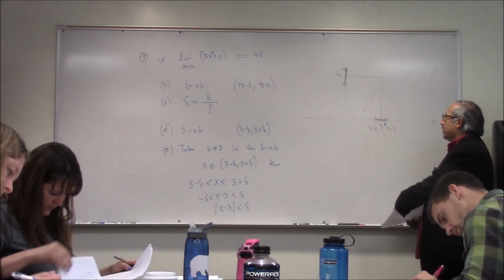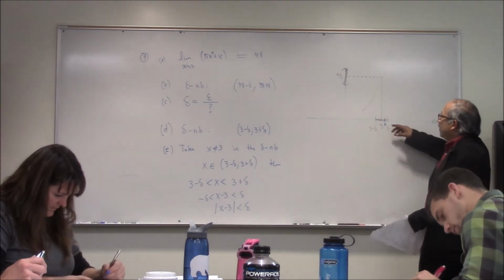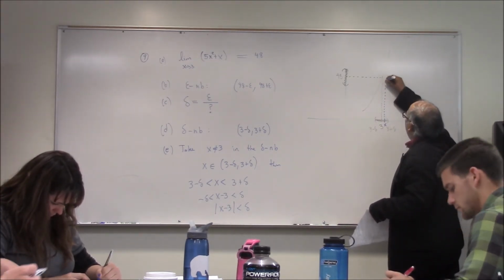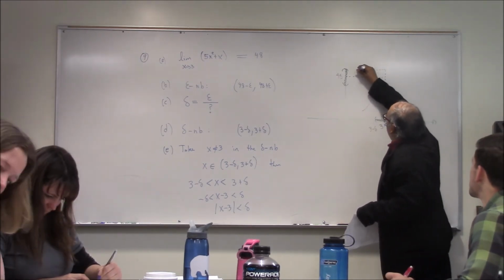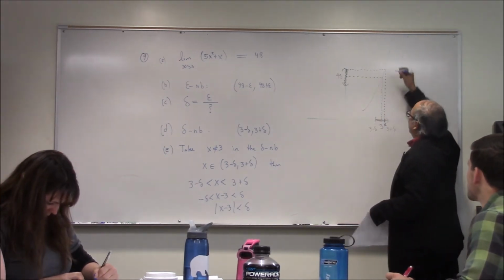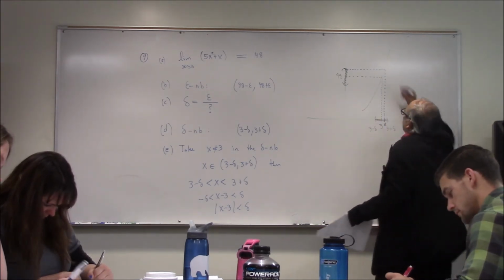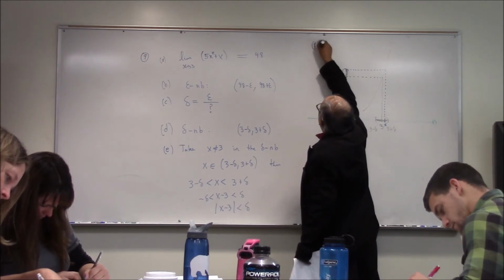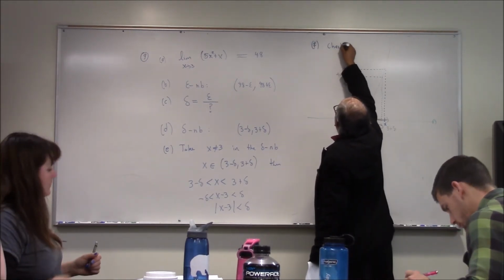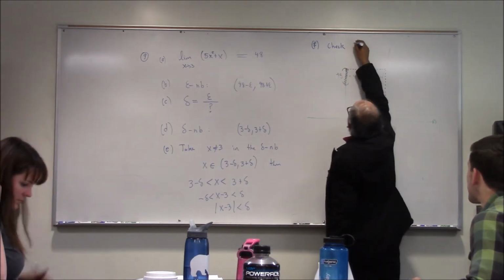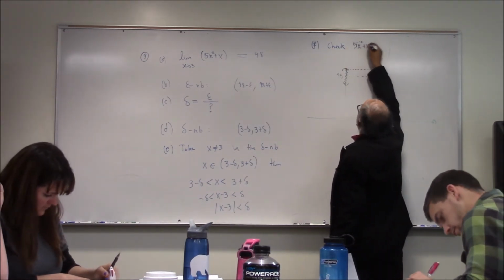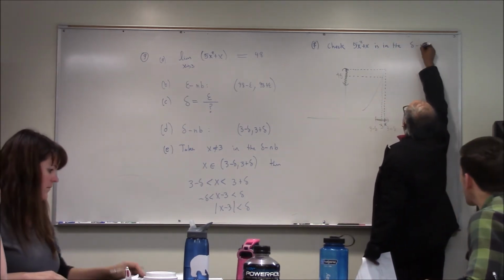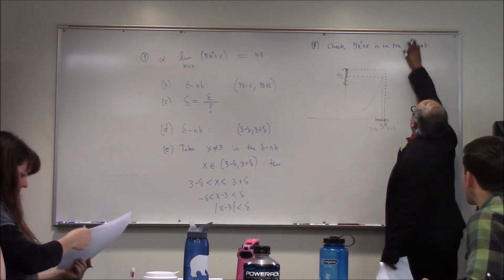Now check that the value of the function, f of x, lies there. Check that this quantity, 5x squared plus x, is in the epsilon neighborhood.